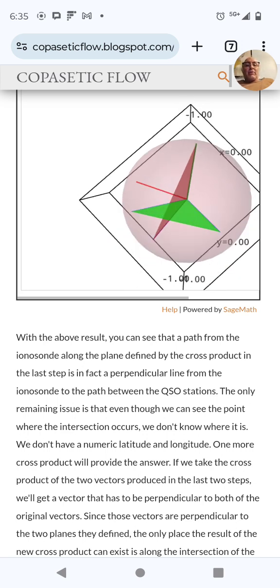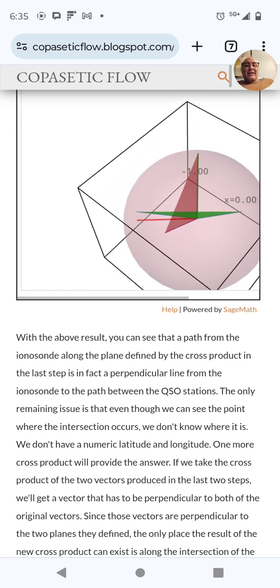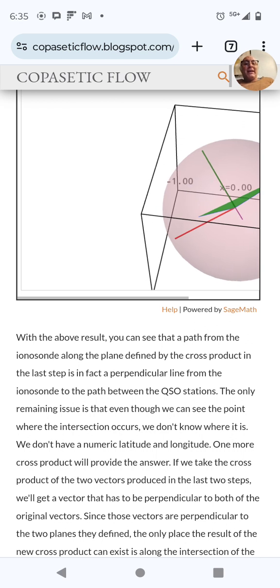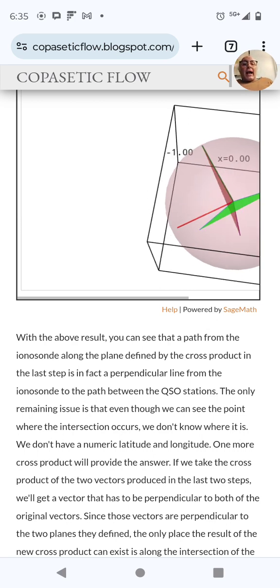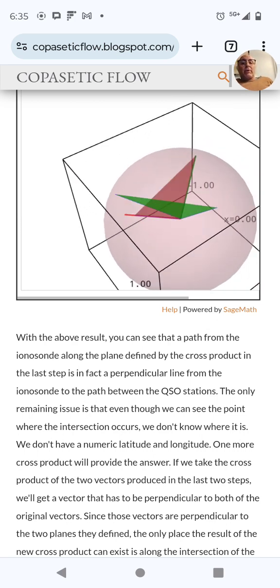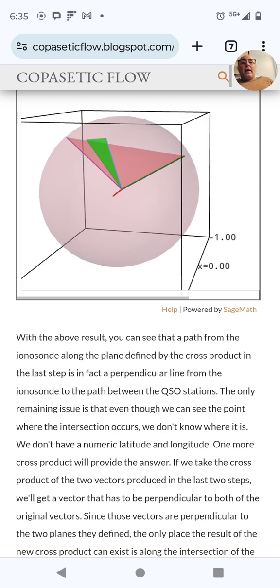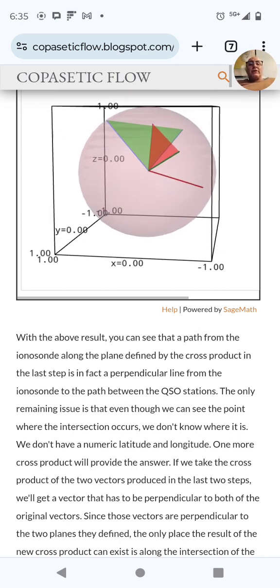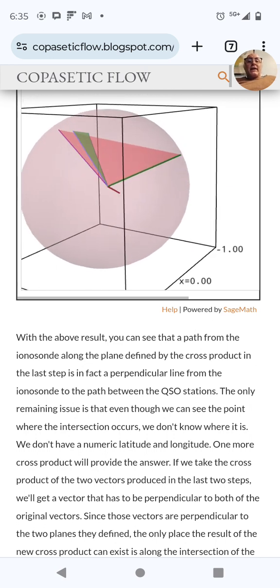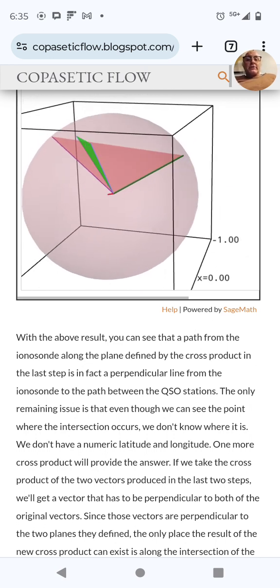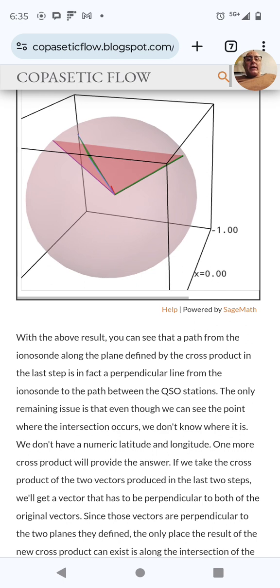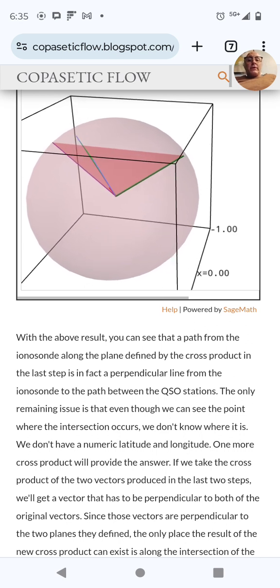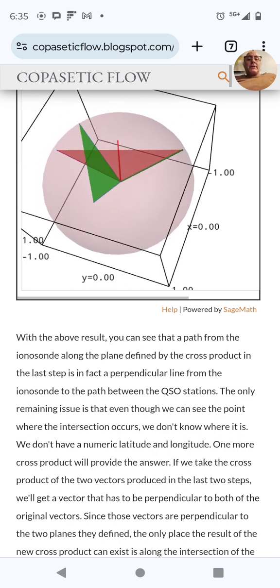Okay, so the pink plane contains the perpendicular path between the ionosonde and the two QSO stations. I need to know where they intersect. Let's think this through for just a minute. Our first green vector, that first cross product, we know for a fact, because that's the way cross products work, is perpendicular to both the QSO stations.